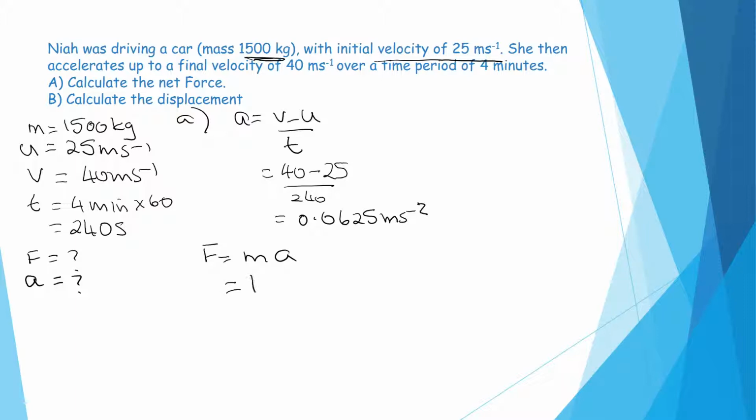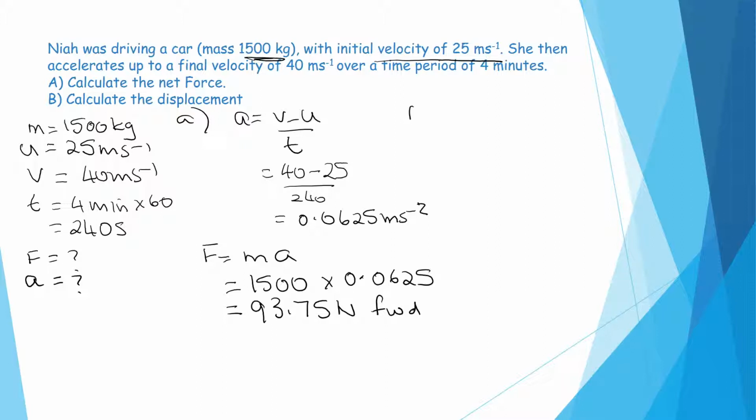The mass was 1500 times 0.0625 comes out to 93.75 newtons. Now I have to think, is a force a vector? Yes, it is. So I have to apply a direction. Now it doesn't give me a direction, so I'm either going to say forward or in the same direction.